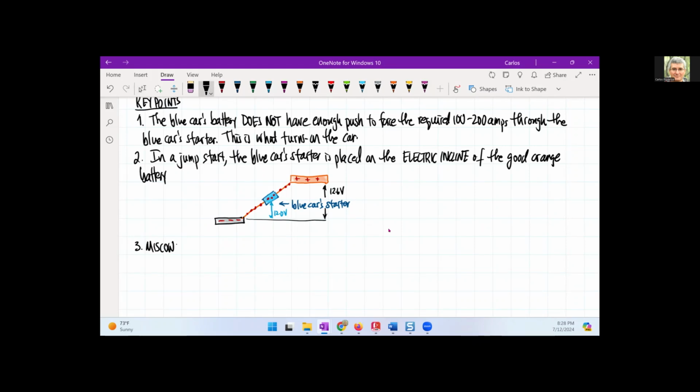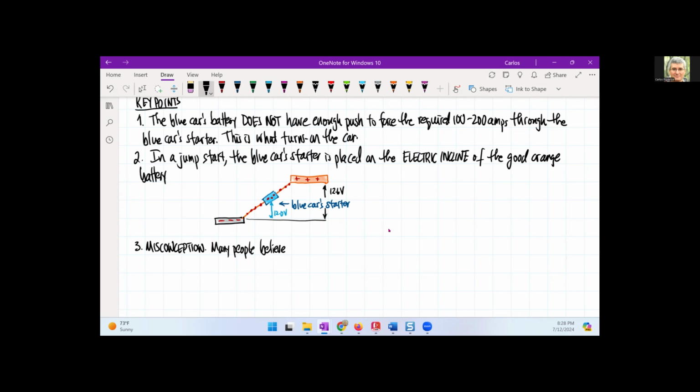So now that you have that, we come to the same misconception that we did with the light bulb. Many people believe that charge squirts out of the orange battery, travels through the jumper cables, and then starts charging up the blue battery. Right?